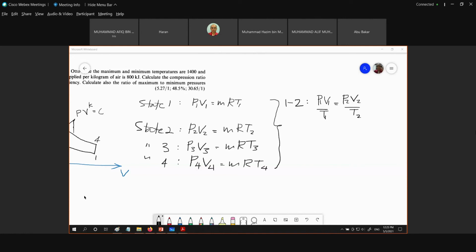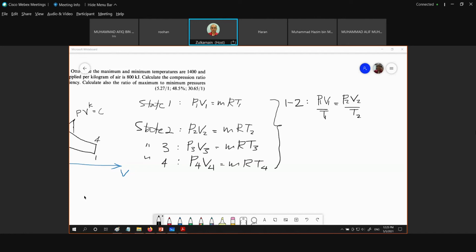Same as flow rate? This is a closed system, so we don't have mass flow rate. Remember, this is the Otto cycle, a closed system. We don't have any intake valve or exhaust valve, so everything inside is air.